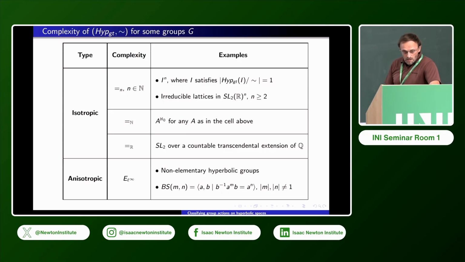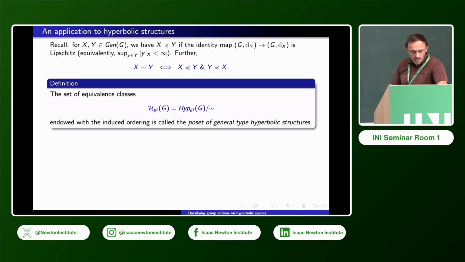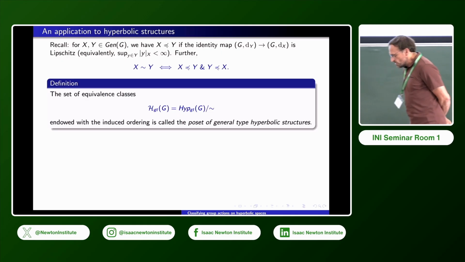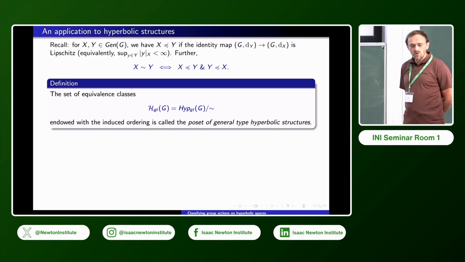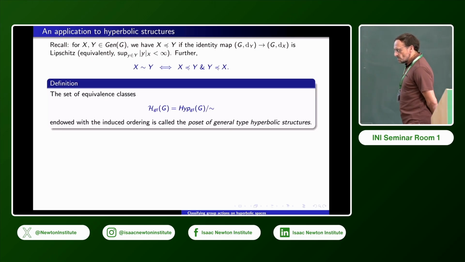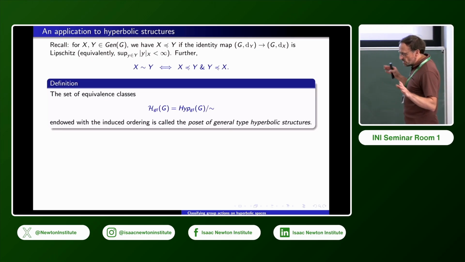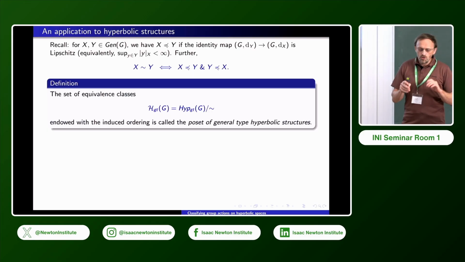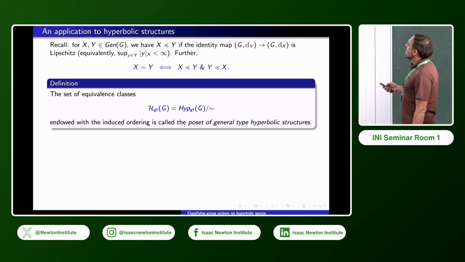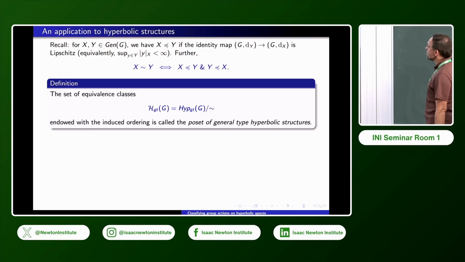Okay? And finally, that's my last slide, I want to discuss an application to the partially ordered set of hyperbolic structures. At the very beginning of my talk, I told you that there is another approach. Instead of doing these Borel considerations, you can consider the partially ordered set of the so-called hyperbolic structures. I just want to remind you of the definition of the partial order on generating sets, which we discussed earlier.